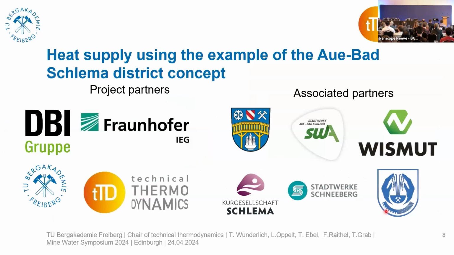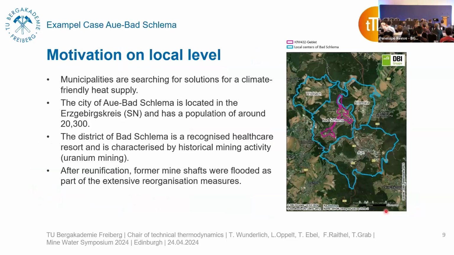It's a district concept with different project partners from Germany and associated partners from the mining region. We've got the municipality there, and the former biggest mining company, Wismut. The motivation is that the municipality wants to reach a climate-friendly heating supply.